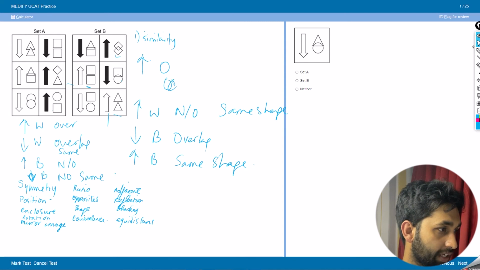Well, it's pointing down and it's white, and there's an overlap, but then it would have to be the same shape if it's pointing down, so it's neither.